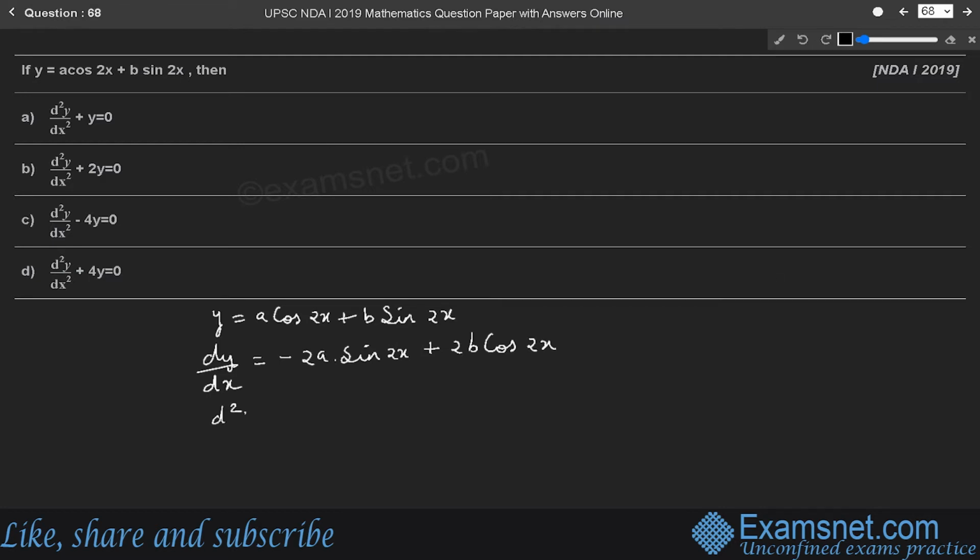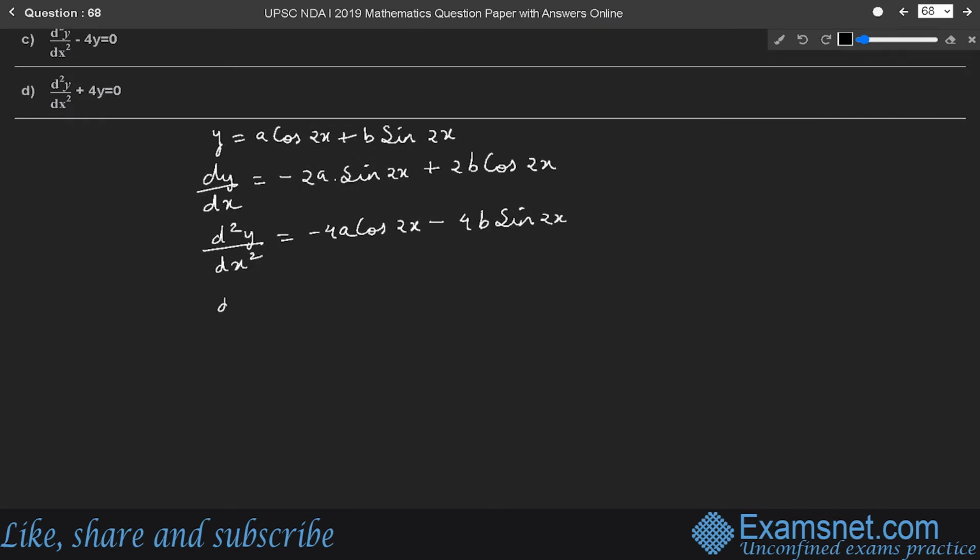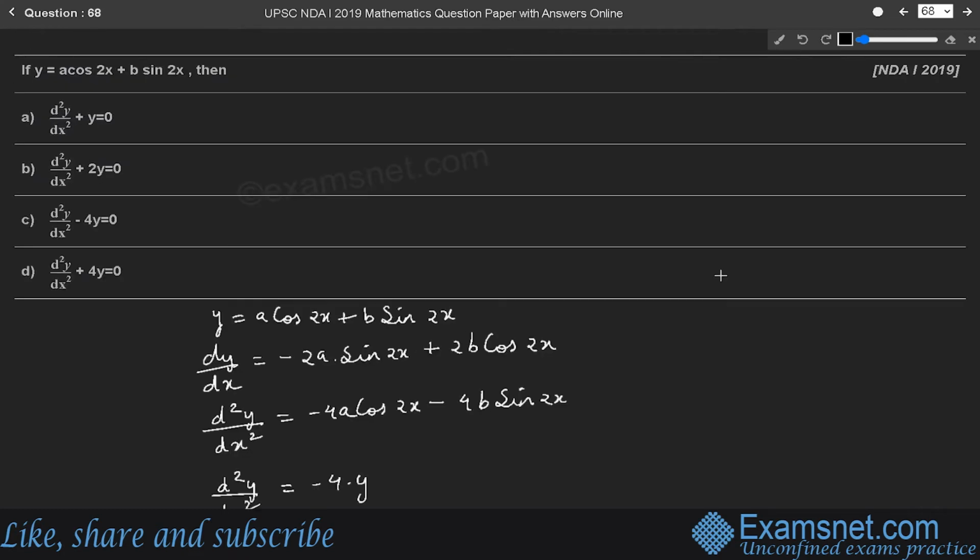Now by taking the second order derivative, d square y upon dx square will be equal to minus 4a cos 2x minus 4b sin 2x. On further solving, we will get d square y upon dx square is equal to minus 4 into y. Or we can write it as d square y upon dx square plus 4y is equal to 0. Therefore, the correct option for this question is option number D.